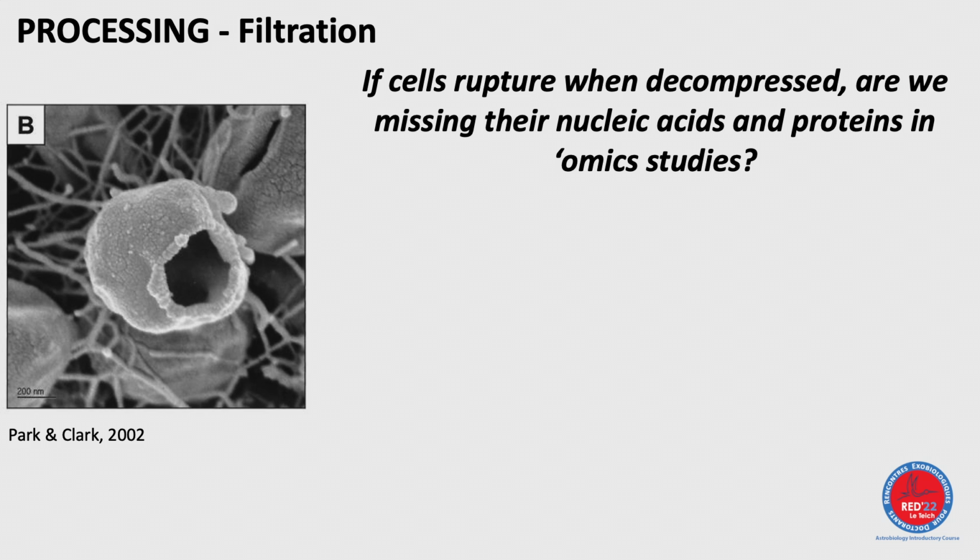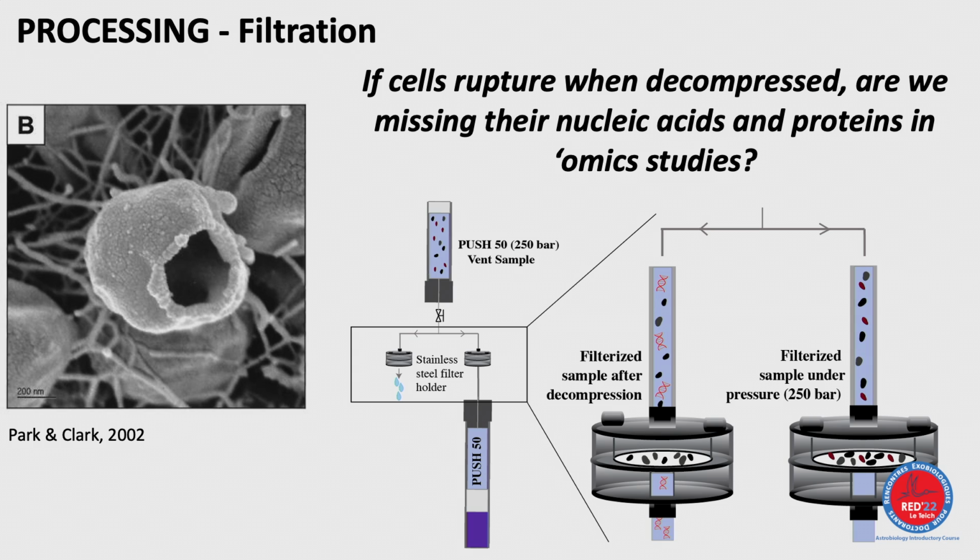So the question is: if cells rupture during decompression, are we missing the nucleic acids and the proteins for omics studies? To avoid that, we have some high pressure filters to maintain the filtration under high pressure conditions. And to compare filtration after decompression and without decompression, we used samples after decompression and samples never decompressed.